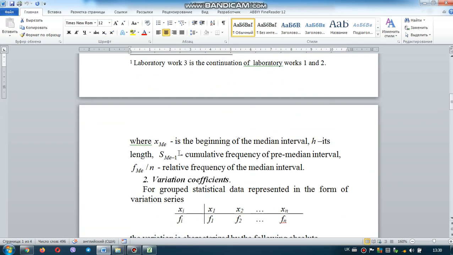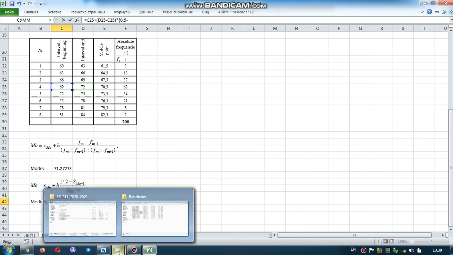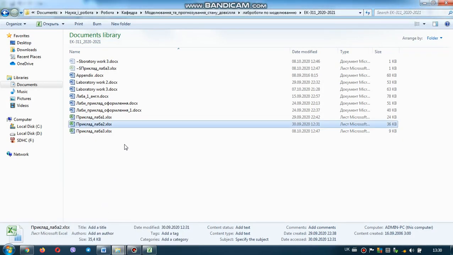S ME minus 1 is the cumulative frequency of the premedian interval. Let's find the cumulative frequency of it. We can open our previous laboratory work.